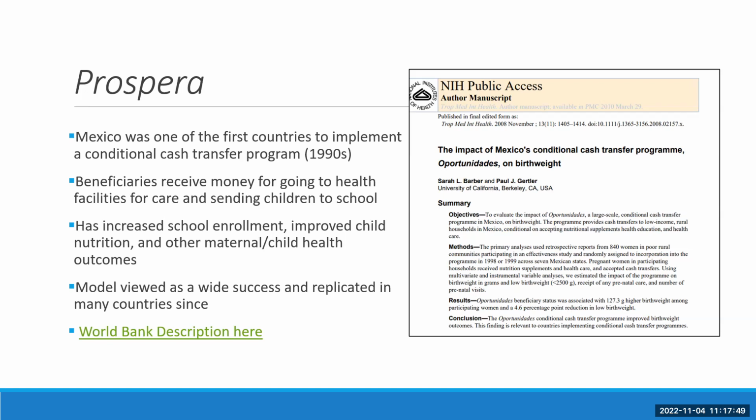Or you could get an incentive, for example, if you come to all your antenatal or postnatal care appointments. So this is an example of a conditional cash transfer, because it is on the condition that the person receiving it does something that is meant to improve the social, economic, and health outcomes of the population.